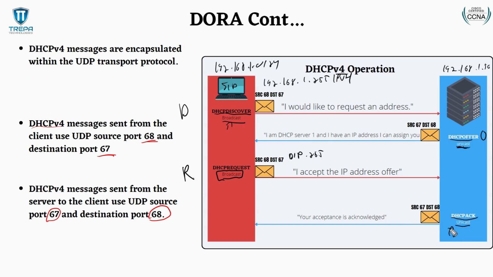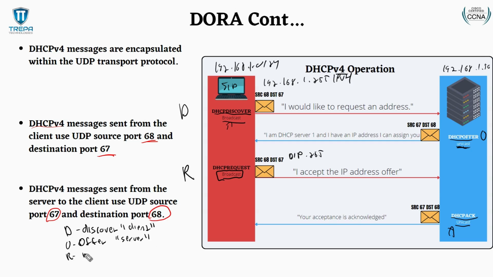So you kind of see DORA is very easy to understand. It's discover, offer, request, and acknowledge, right? D for discover, O for offer, and I'm going to put little parentheses here. This is from the client. The offer is from the server.